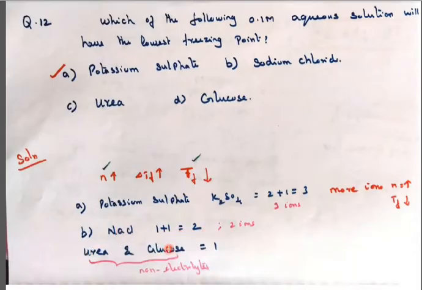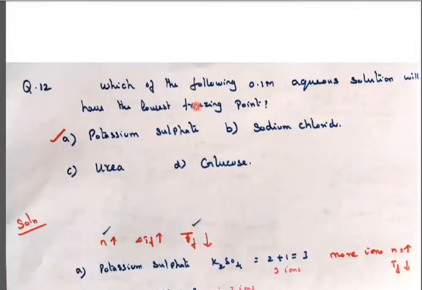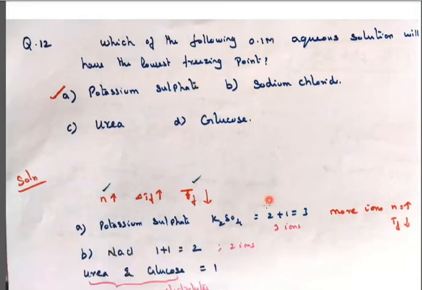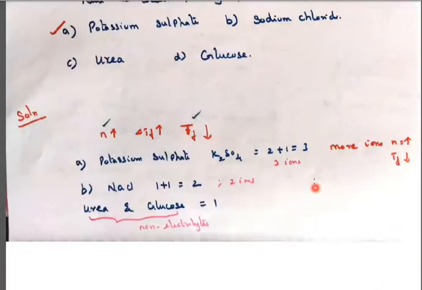Urea and glucose are non-electrolytes, only 1. So more ions means the number of moles increases and the freezing point of solution decreases. They asked for the lowest freezing point, which has the most moles. So only potassium sulfate has the most, 3 ions, 3 moles.